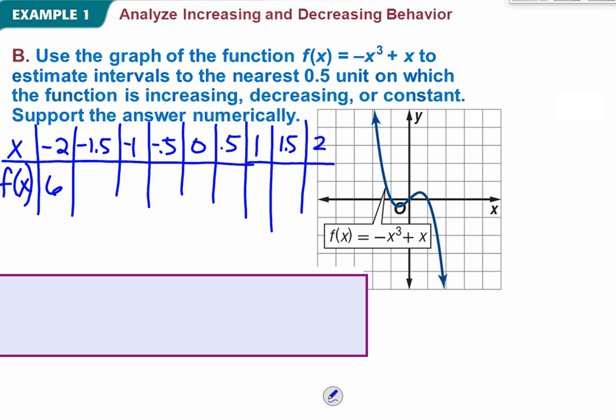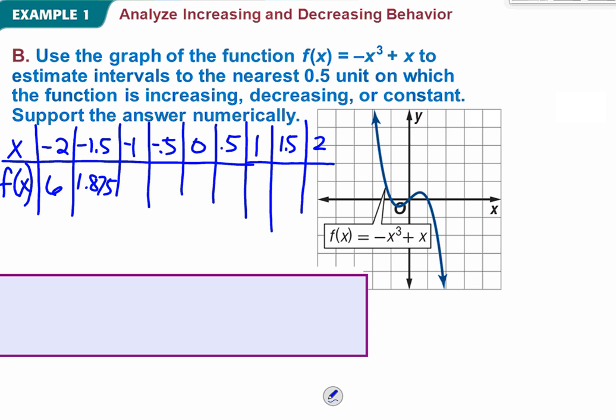And then tell me the rest of those. 1.875. Oh, you know what? Do this. Go second table or second window, and then start the table at -2, go down, and go by 0.5.